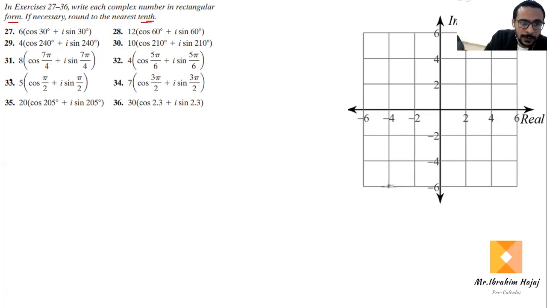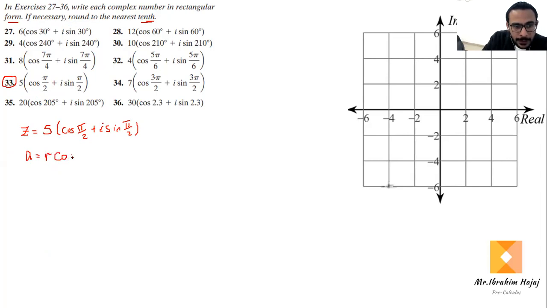Who can do number 33, which is 5 cosine pi over 2 plus i sine pi over 2? So the complex number in polar form is 5 times cosine pi over 2 plus i sine pi over 2. We need it in rectangular form. What is a?